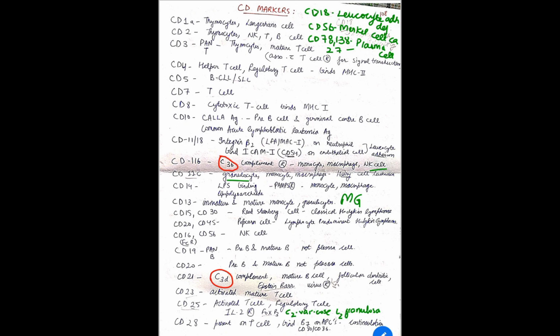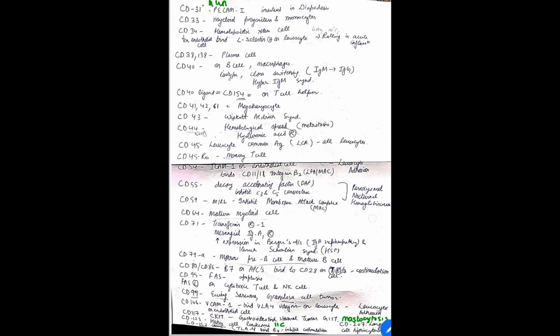CD28, CD80, CD86, and B7. These are all involved in the co-stimulation. CD28 is on T cell and B7 is on B cell. Then CD31 is in diapedesis, CD31, PECAM1, diapedesis. Then we have CD33, myeloid progenitors and monocytes, and mature myeloid is CD64. CD34 is hematopoietic stem cells and CD34 is in the rolling.